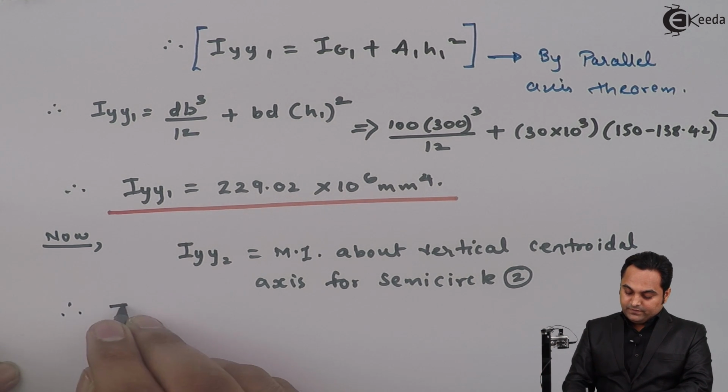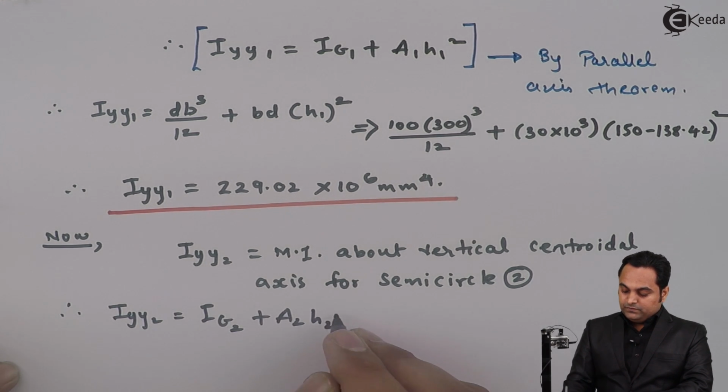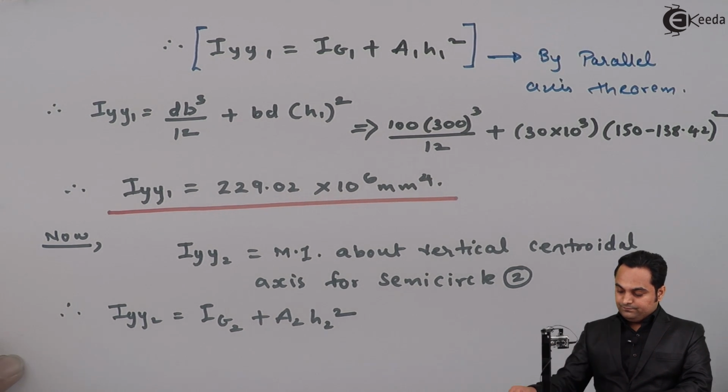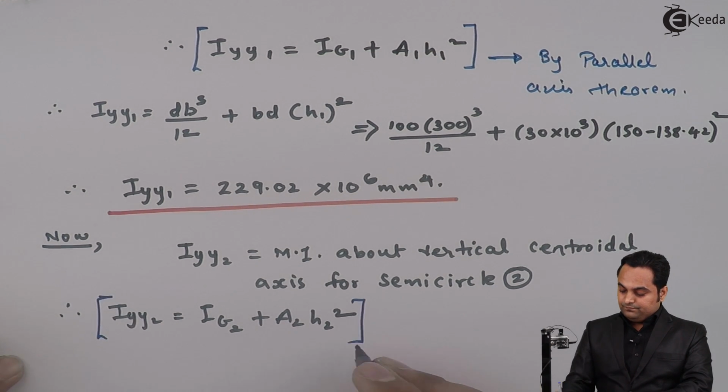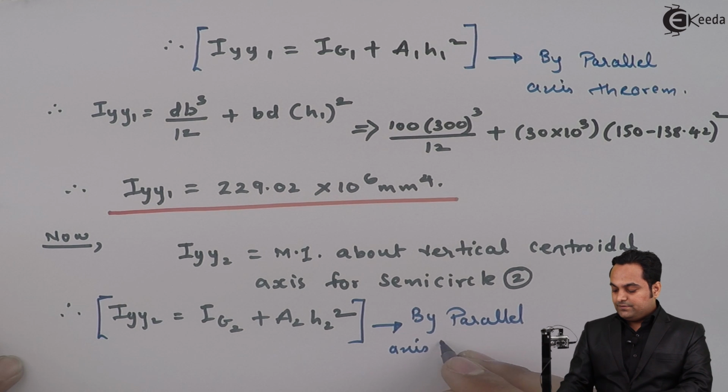So therefore Iyy2 will be Ig2 plus area 2 into h2 square. This is again by parallel axis theorem.